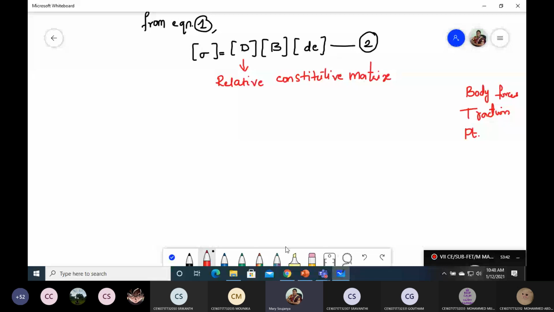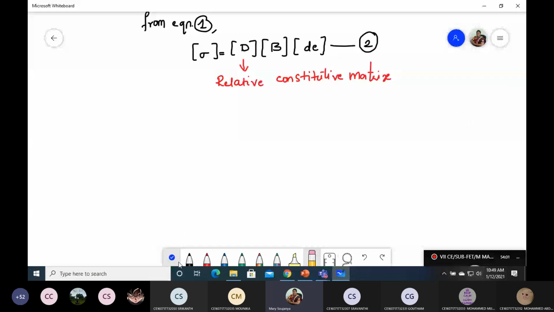We will eliminate the point loads for the time being. We will consider the traction forces and the body forces, take that into account, and write it down.